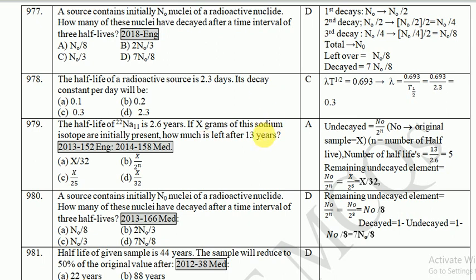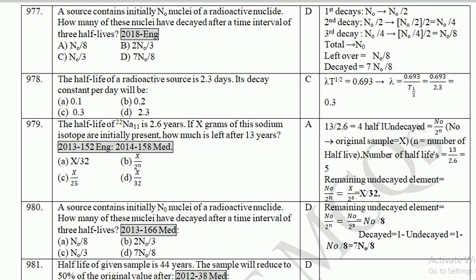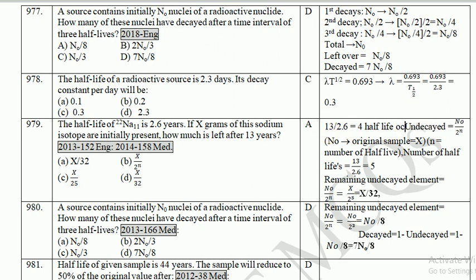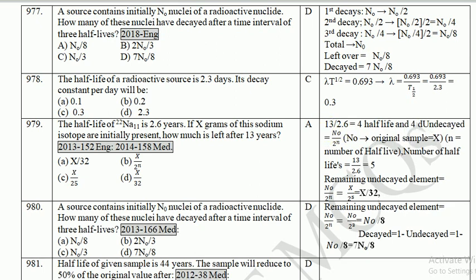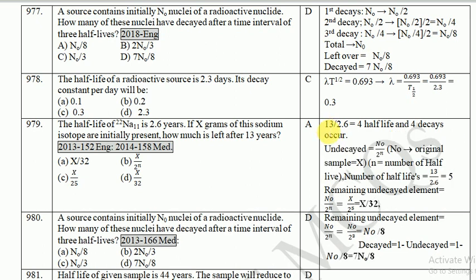First we will divide 13 by 2.6, so we can get our decay. 13 divided by 2.6 means 2 5s are 10... so 4 half-lives and 4 decays occur.